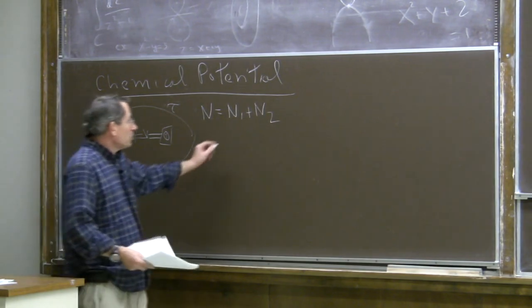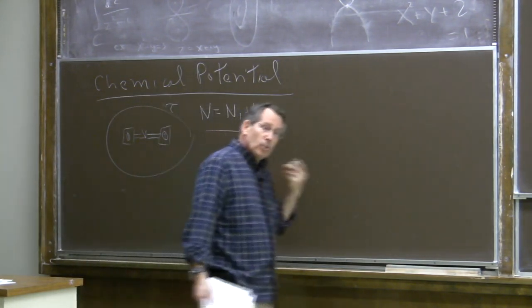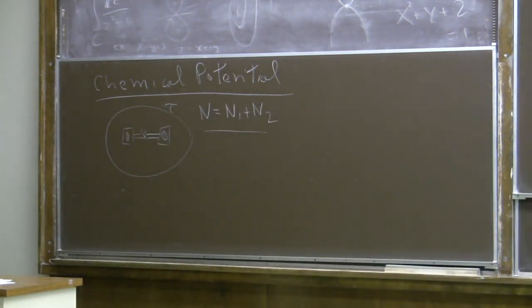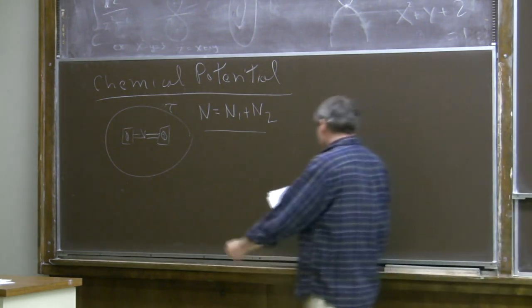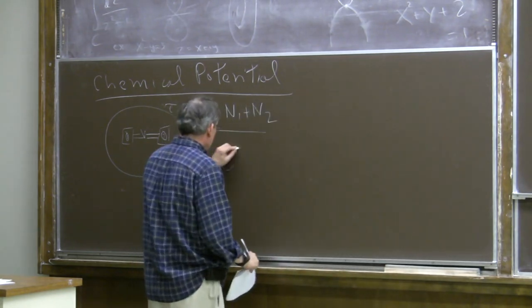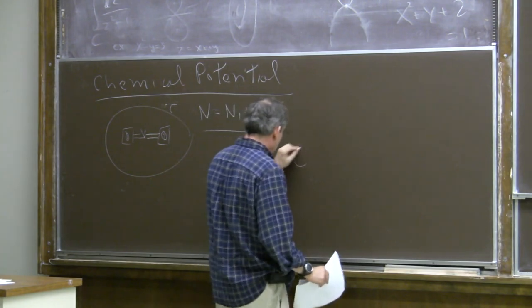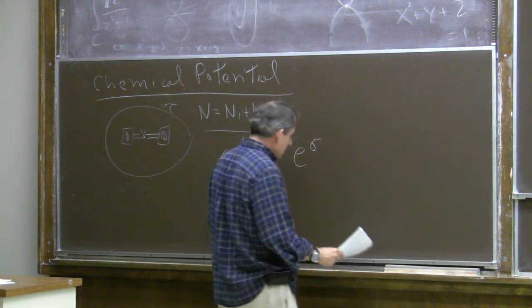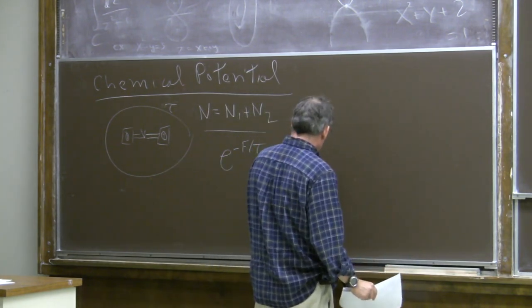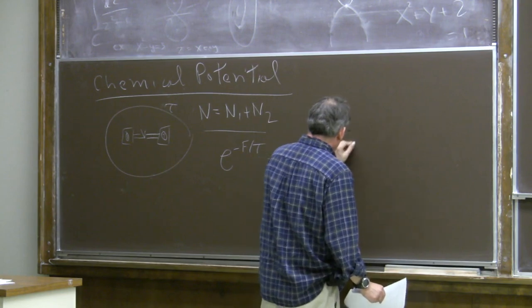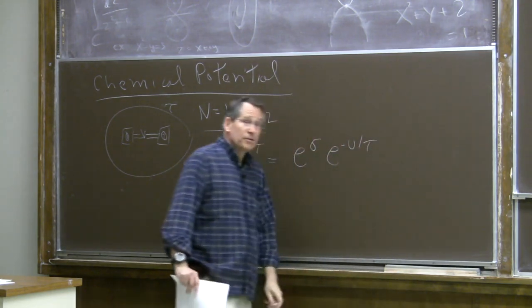And now if we want to find the most probable configuration, the most probable way of sharing the particle number between the two systems, when the temperature is fixed by the reservoir to be tau, then we should minimize free energy. Remember, e to the minus free energy divided by tau is e to the sigma, the degeneracy. Sigma is the entropy. E to the minus u over tau, the Boltzmann factor.